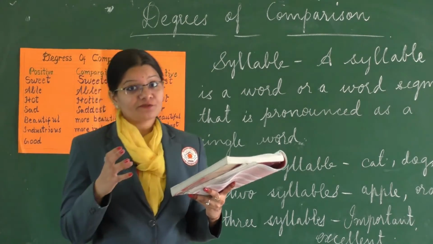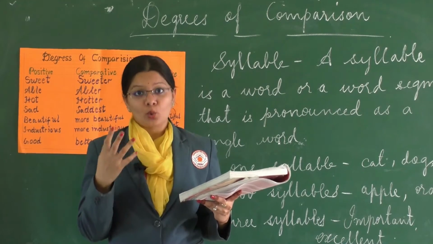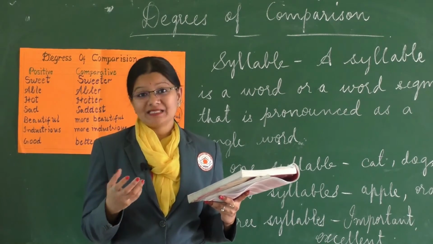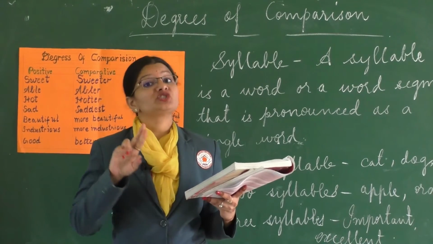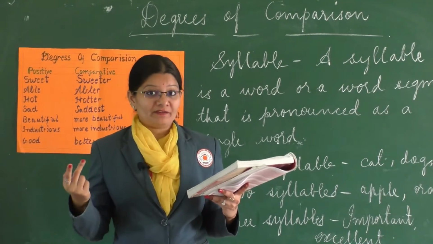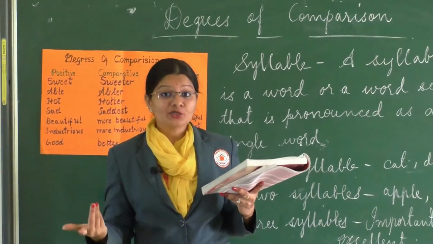So the adjective will go as, like, red, old, good, sweet, bright in the positive form. But when it is changing its form to comparative and then superlative, we need to know how we can do that.